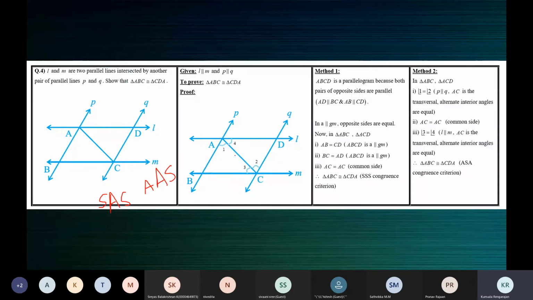Some of you shared the proofs, two of you, three of you. And we have already proved using SSS and ASA. You can also prove using SAS and AAS, which means except for RHS, you can prove this using any one of these four criteria.